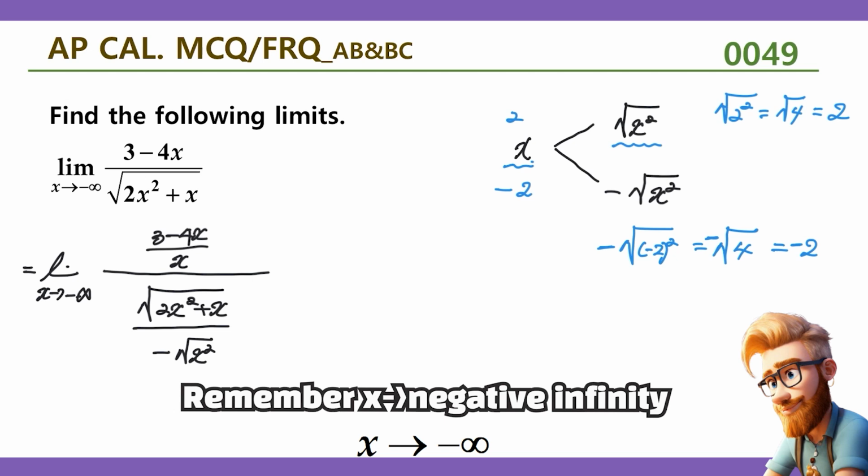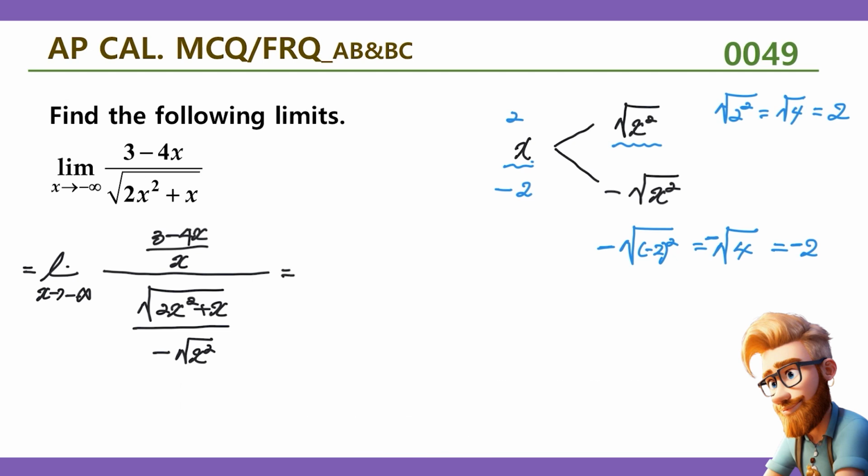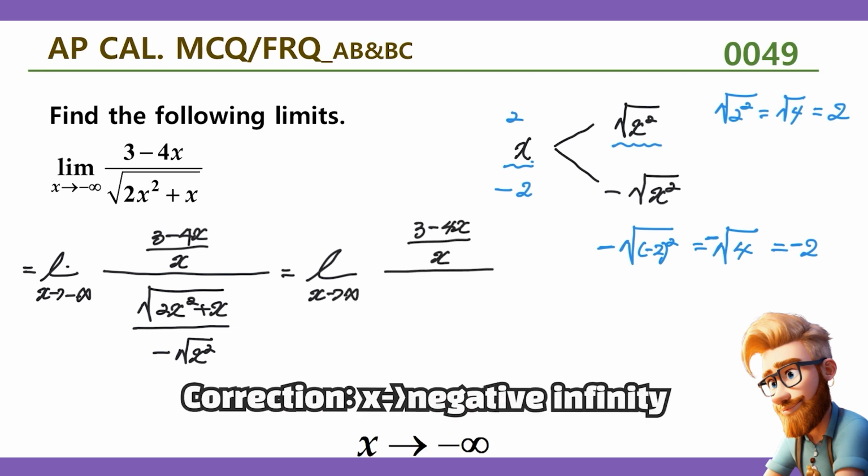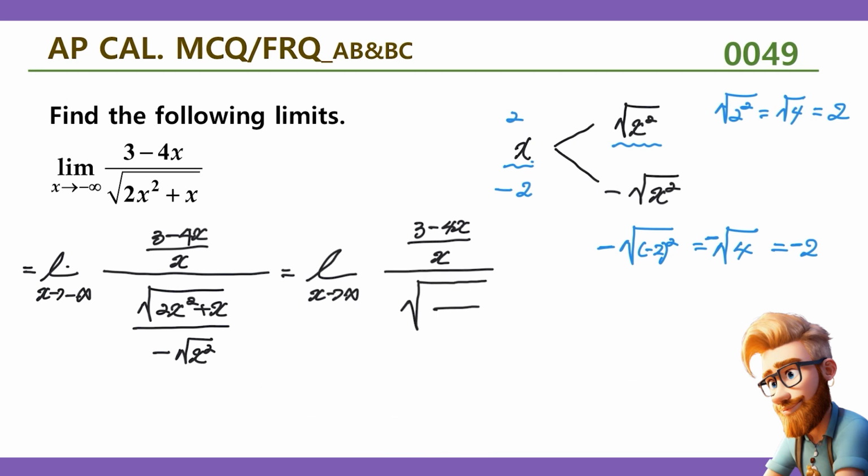Okay, so let's simplify this. We're going to rewrite this expression. That's (3 minus 4x) over x, and here we have the square root of (2x squared plus x) over negative the square root of x squared.